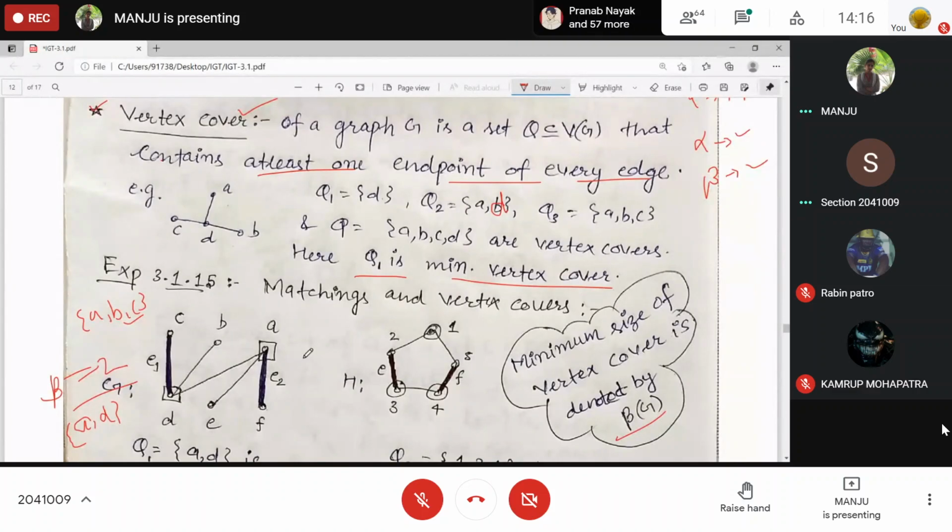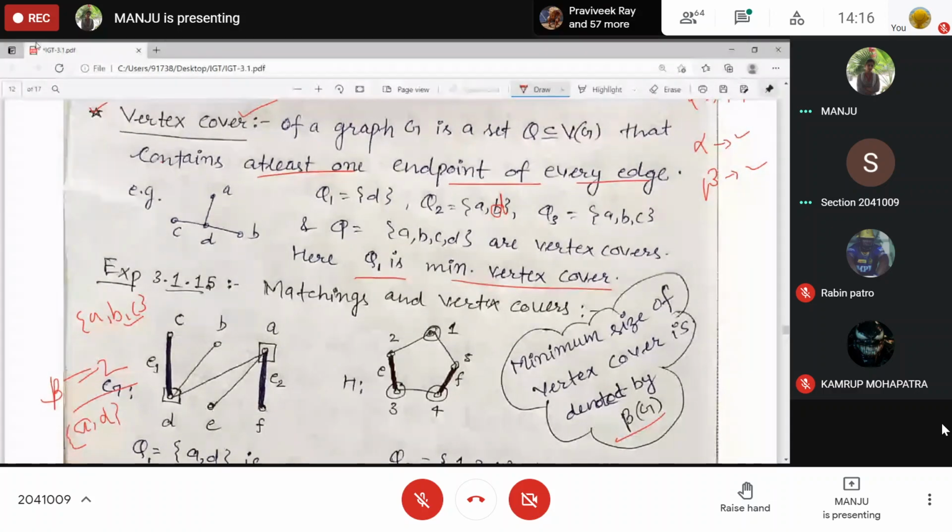Any matching containing three edges? Tell me. That does not exist, right?